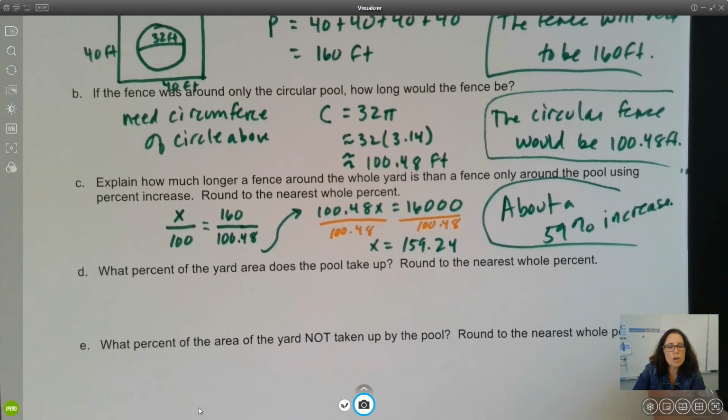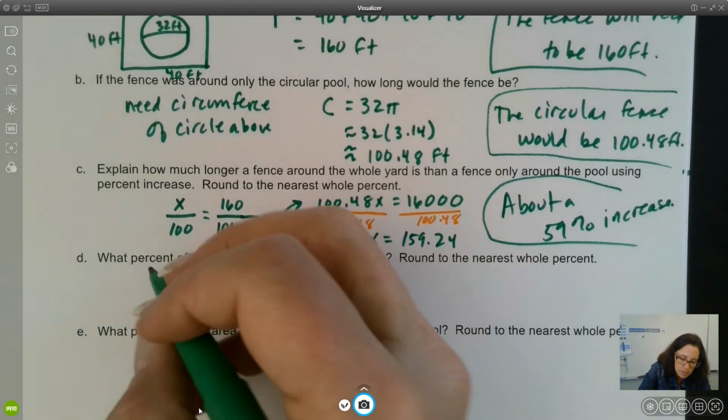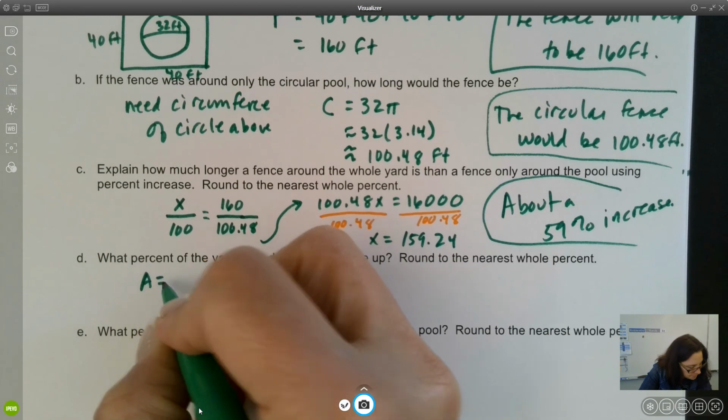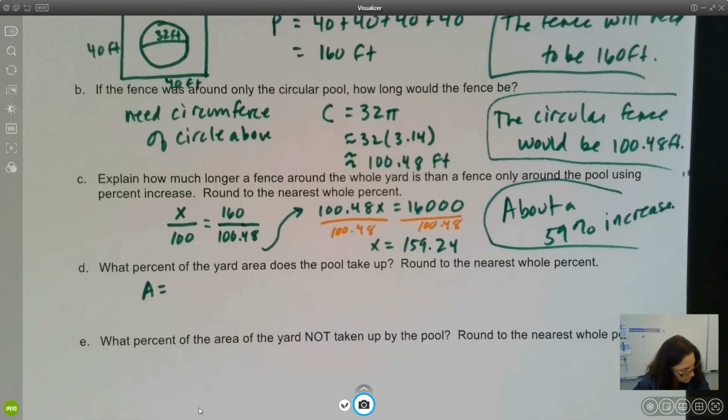What percent of the yard area does the pool take up? Round to the nearest whole percent. All right, so area. What percent of the yard does the pool take up? Area is going to be pi r squared.